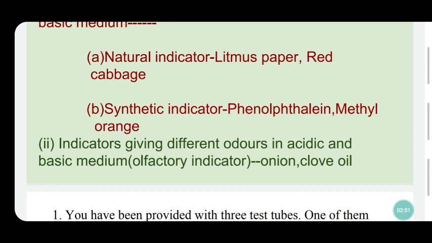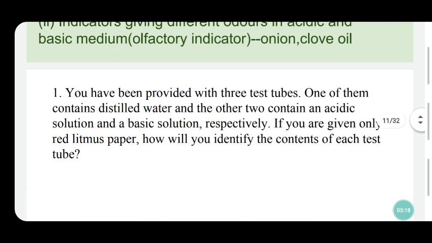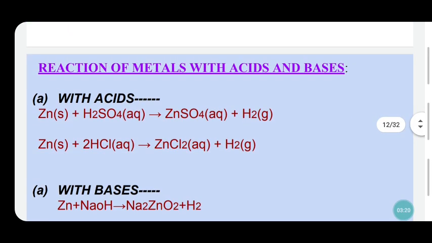Example, onion, clove oil, etc. Concluding, indicators indicate the presence of an acid or a base. There are normally two types: natural indicator and synthetic indicator. Apart from these, we have olfactory indicators that give a specific smell in acids as well as bases.